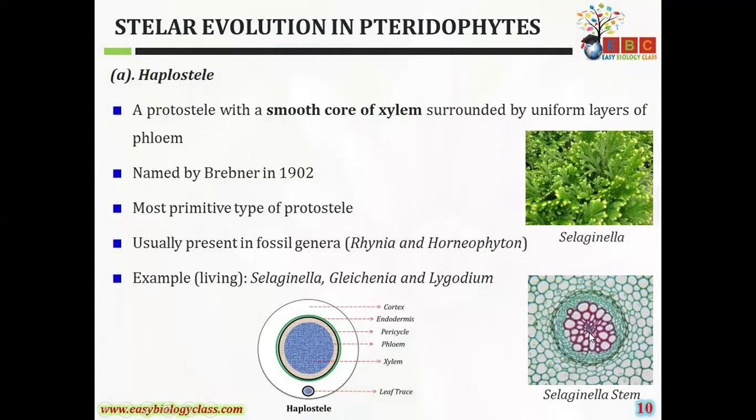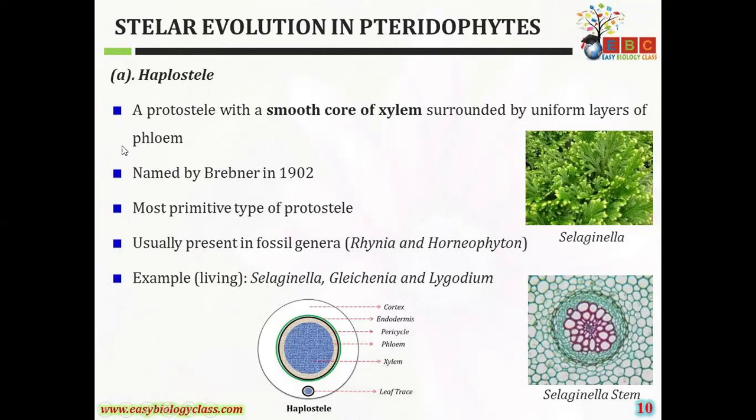You can see this is a Selaginella stem. Here, this central part is the xylem, and it is surrounded by uniform layers of phloem. Also you can see the pericycle surrounding the xylem and the phloem.